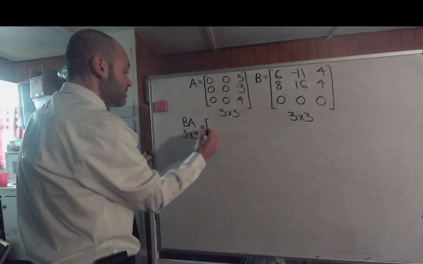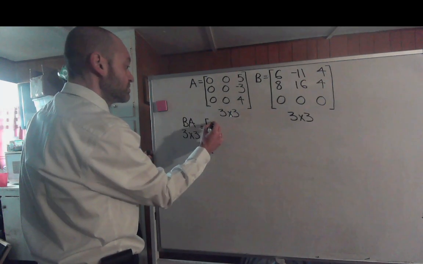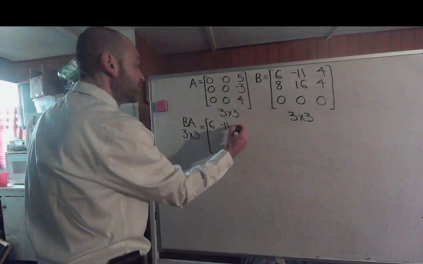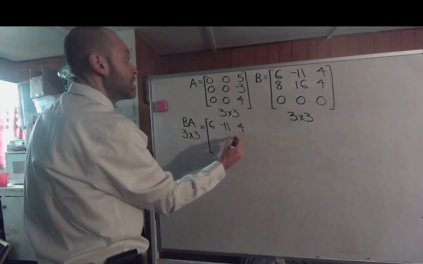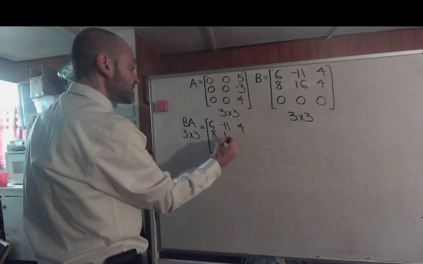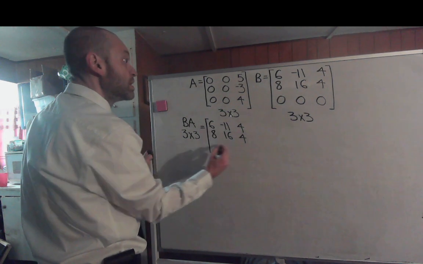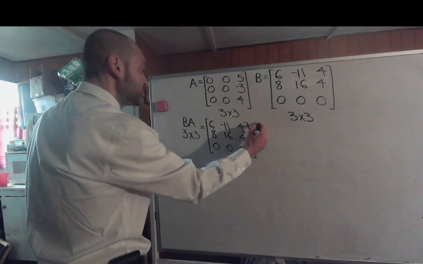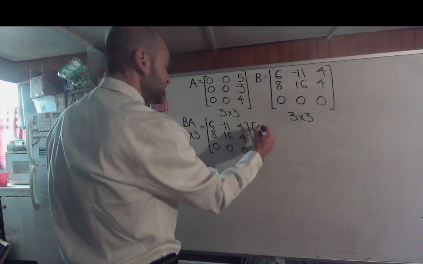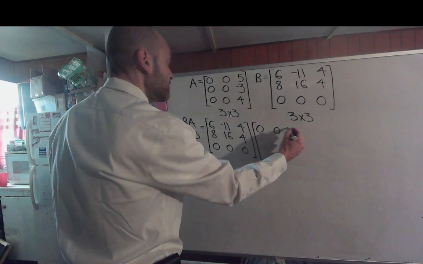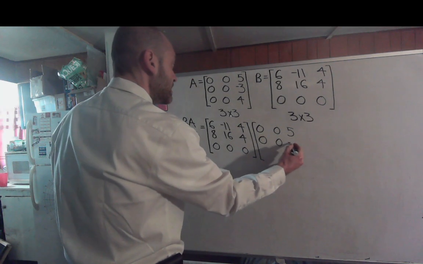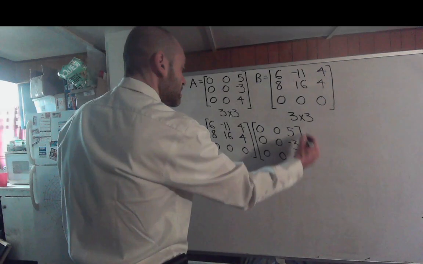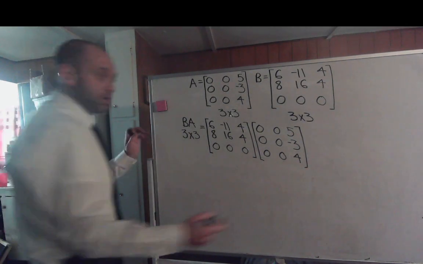So let me go ahead and write these matrices next to each other. 6, negative 11, and then 4, and then 8, 16, 4, 0, 0, 0 times 0, 0, 5, 0, 0, negative 3, 0, 0, 4. So we're going to get another 3x3 matrix.